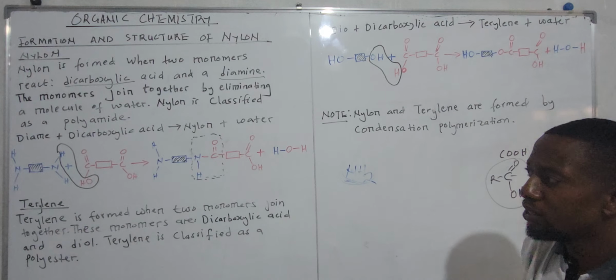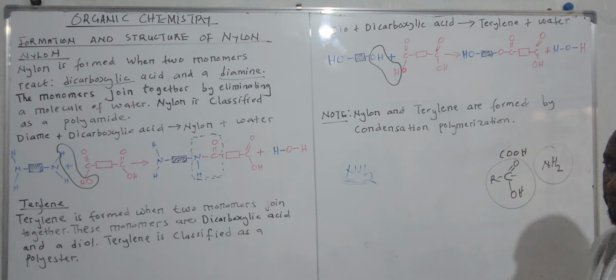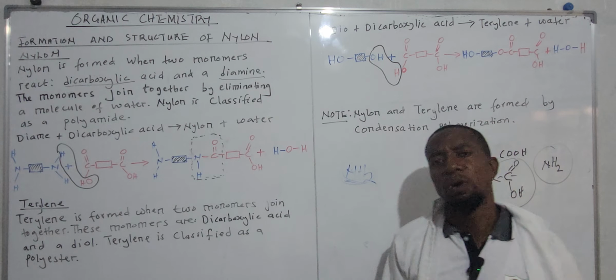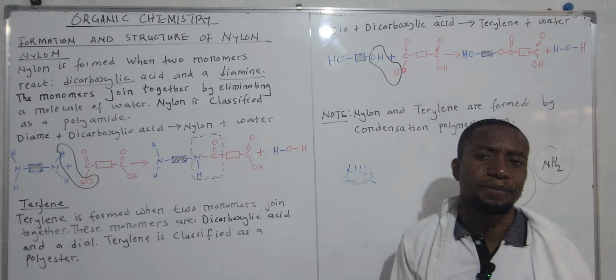All right. How is terylene formed? A terylene is formed again when two monomers react together.